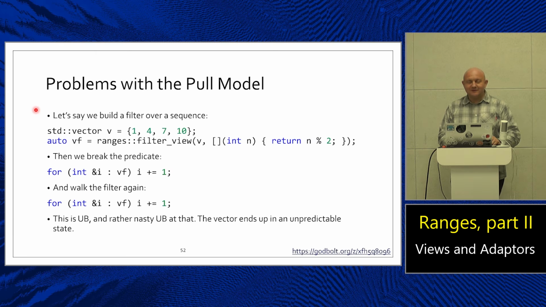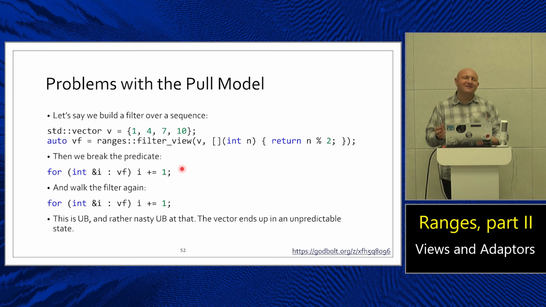And now let's look at something even worse. We built a filter view of a simple vector. We filter odd numbers. So far everything is fine. Nothing wrong here. And now we iterate over the filtered view and modify the elements.